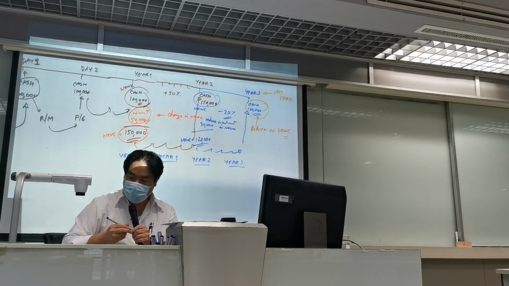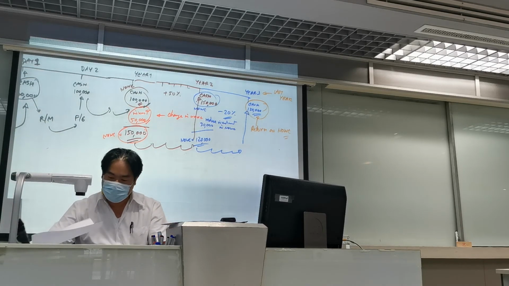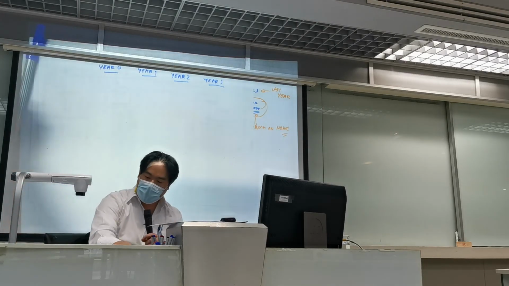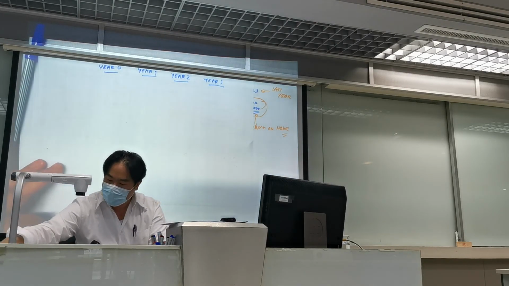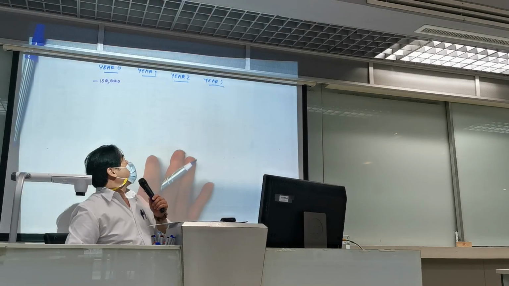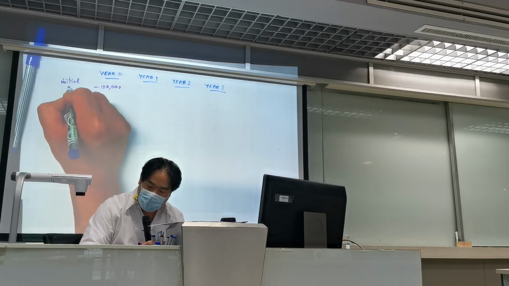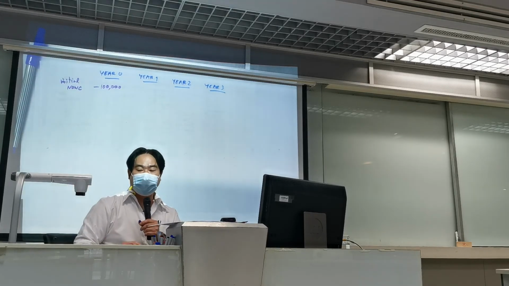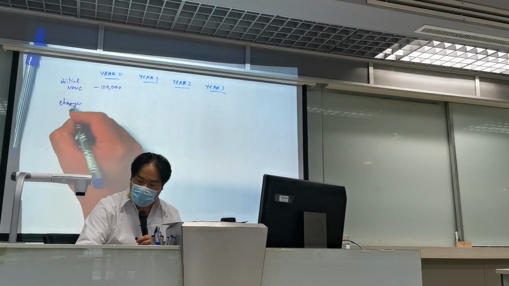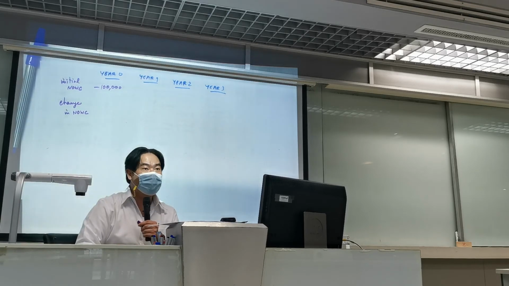From the numbers that I put in for you, this is what I have. In year 0, we invest 100,000. This is the initial investment in NOWC. In each year, we have change in net operating working capital.